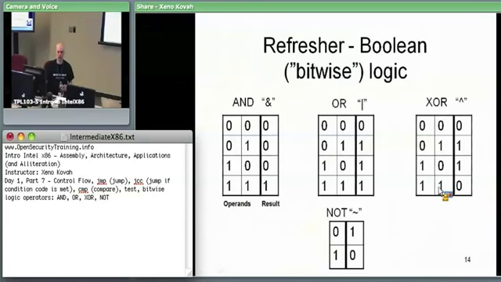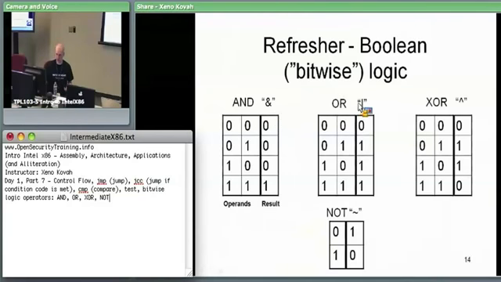So 1 XOR 1 is 0, 0 XOR 0 is 0, but if either of them but not the other is 1, then the result is 1. And NOT is just flip the bits. This is the logical name, and this is the C operator. Bitwise AND is a single ampersand, while logical AND is a double ampersand.